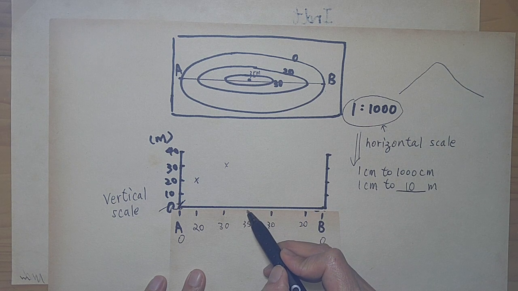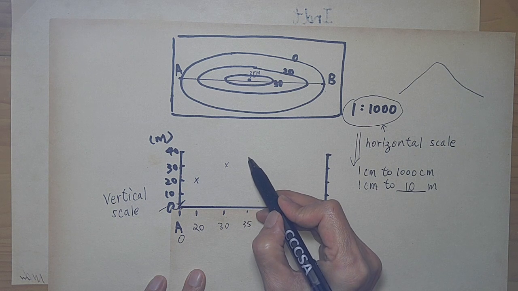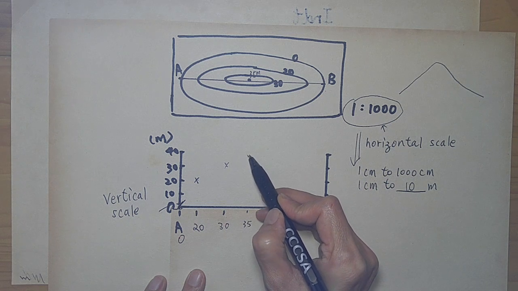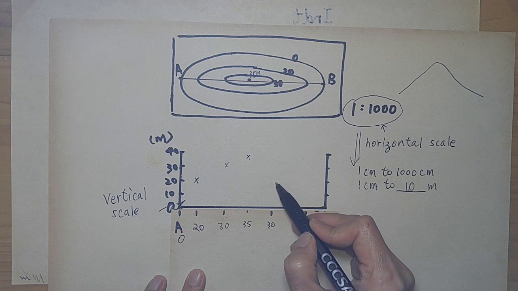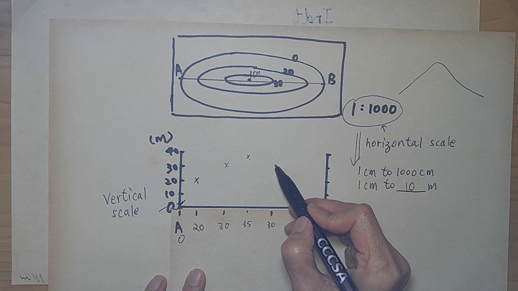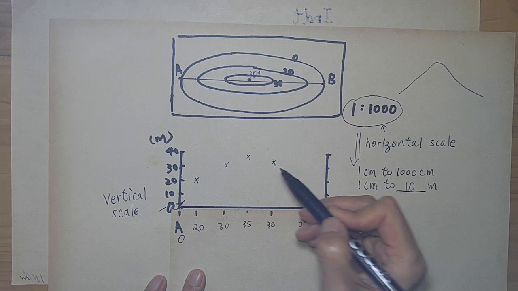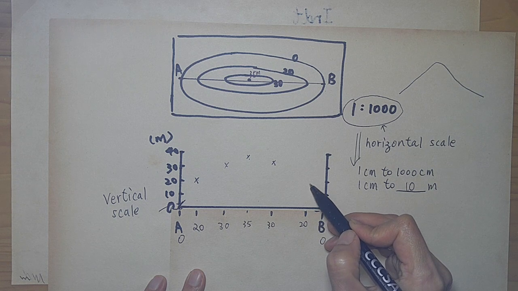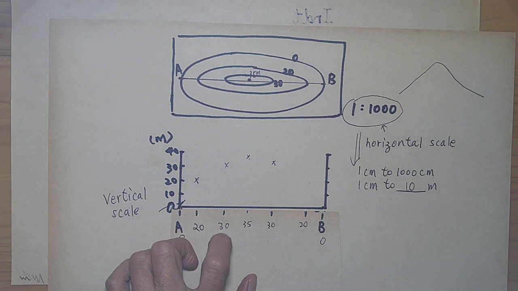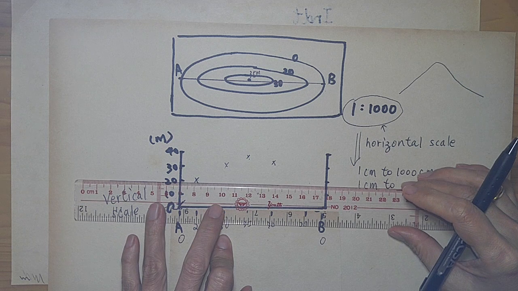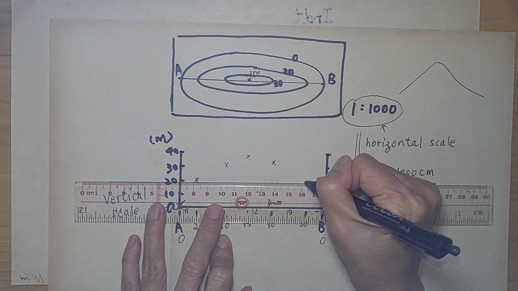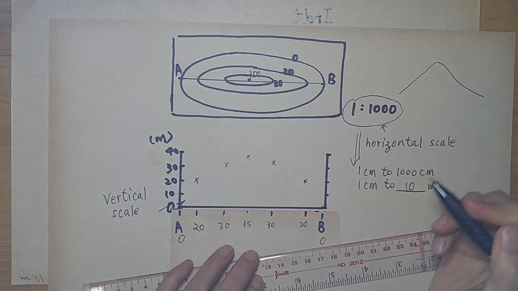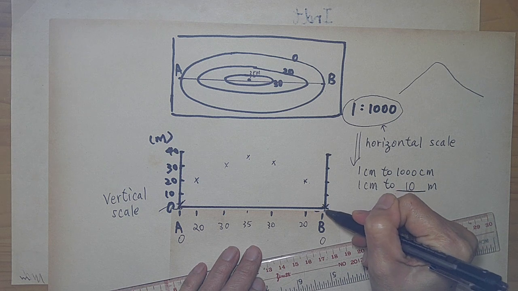It's 35, so just like this, around this point. And then 30 again, so here is 30. And this 20 is around here, so you just make it like this. It's 20, right? So here, around this way. And then it's 0 here.